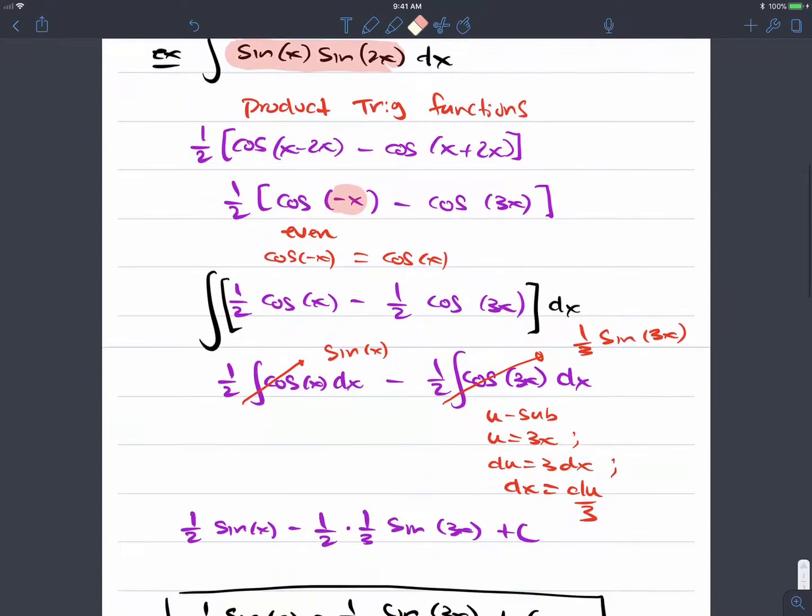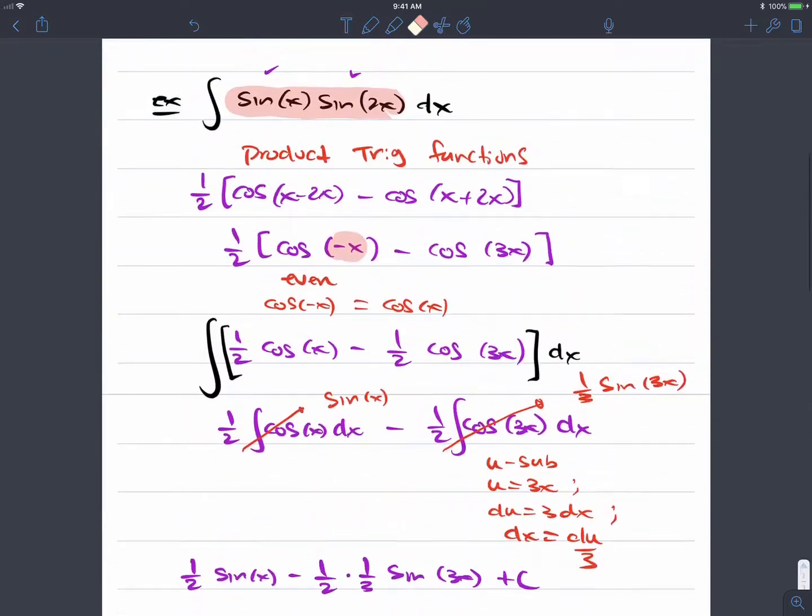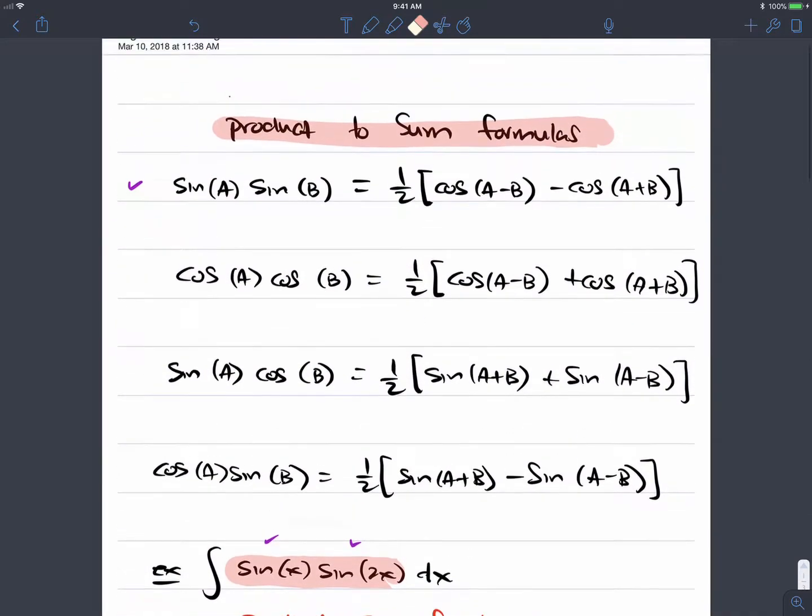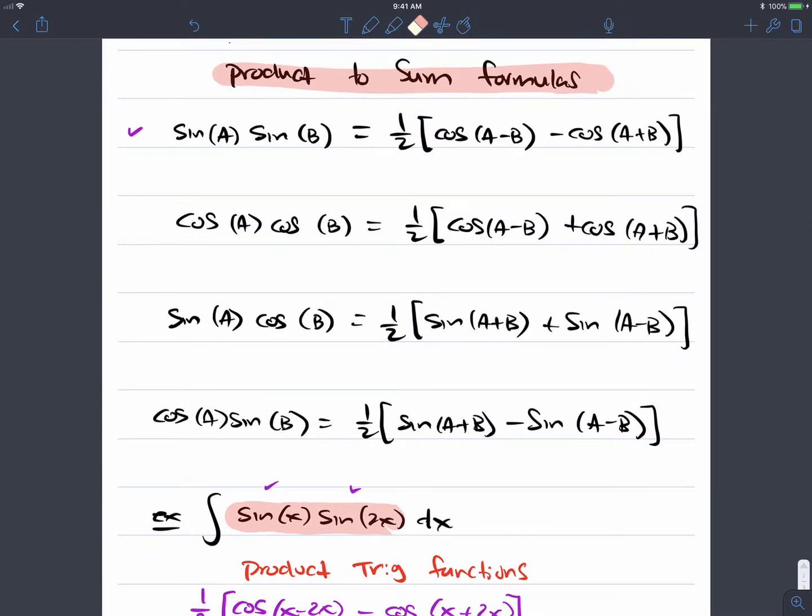Let's go back here. 4x and 3x. So if I use the same formula, 4x, 3x, looks like I'll have here just x, and I'll have 7x here. So these are my new arguments of my cosine curves, x and 7x.